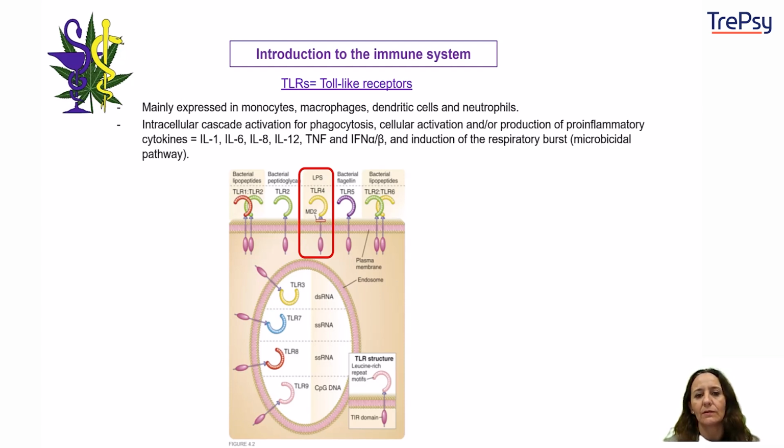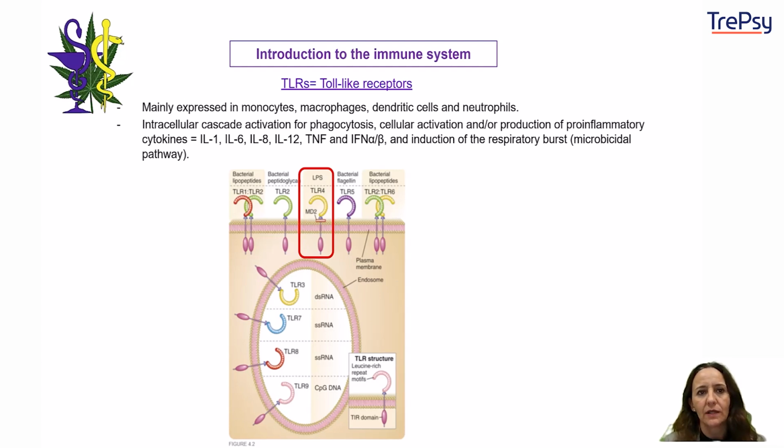They can activate intracellular cascades for phagocytosis, cellular activation, and production of pro-inflammatory cytokines such as interleukin-1, 6, 8, 12, TNF, and interferon, and induction of the respiratory burst, which is the microbicidal pathway.